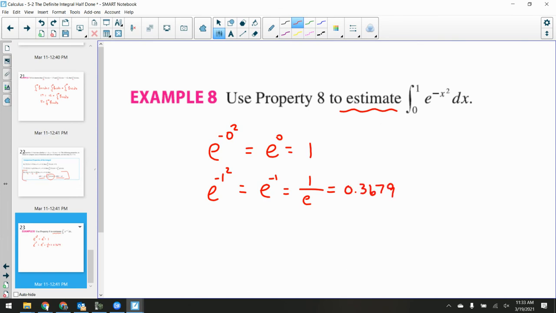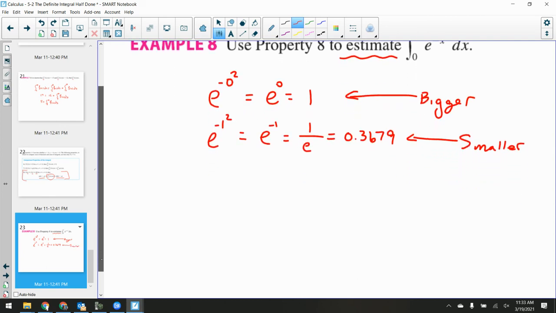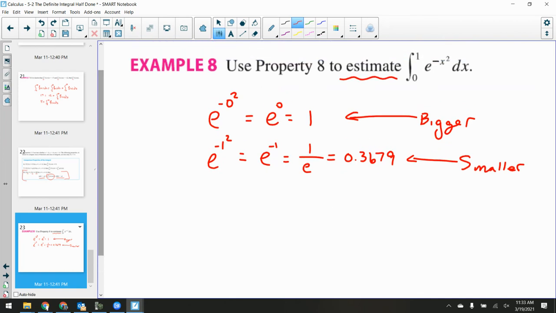Okay, do you notice how this is bigger and this is smaller? So what I can say here is that if I know f of 1, if I can plug that in, and I know this 0.3679 is smaller than plugging in 0, then this is a true statement, right?